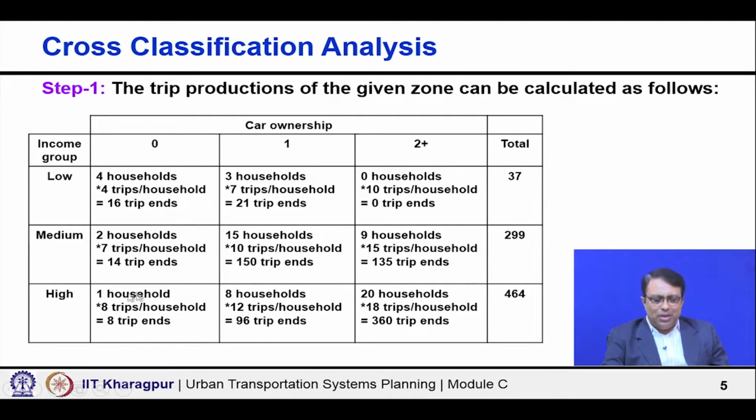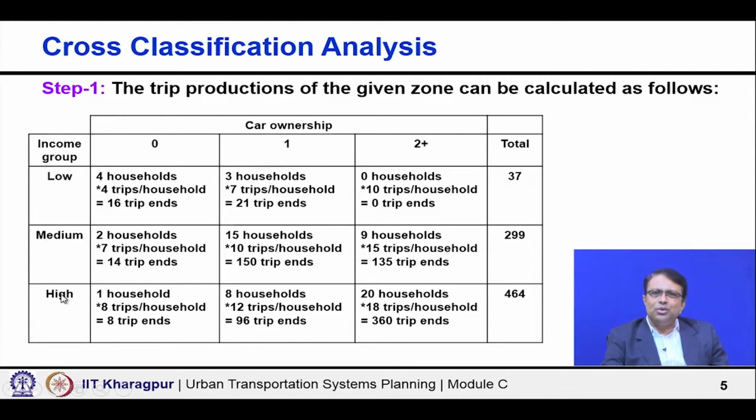For the medium income group, again following the same thing, the respective numbers of households are 2, 15 and 9, and the respective trip rates are 7, 10 and 15. So, the respective total trips are 14, 150 and 135. If you add all 3 together, you get 299 trips that will be produced by the medium income households.